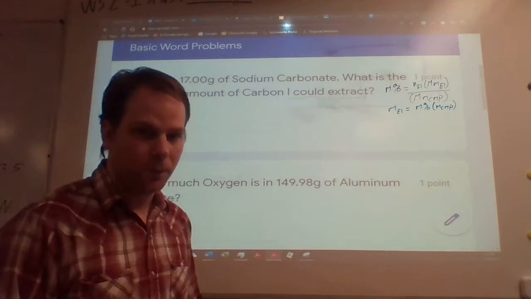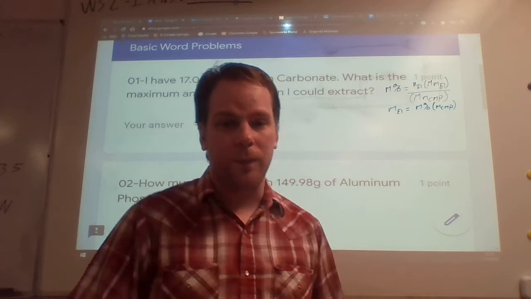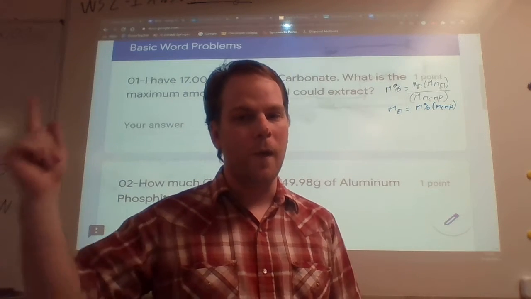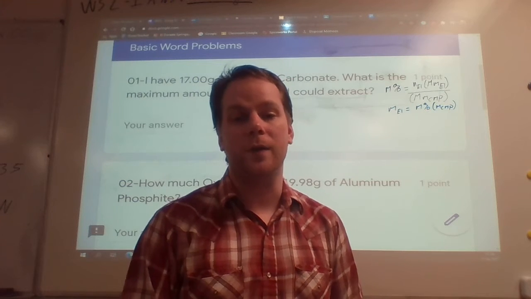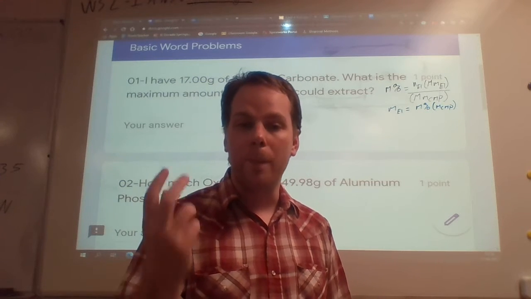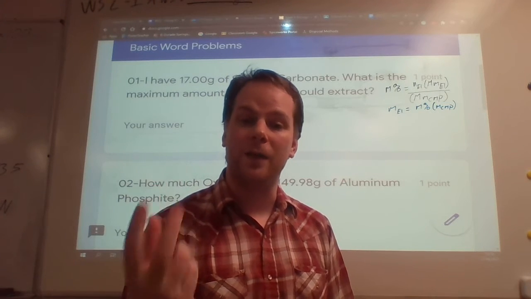Up to this point, we've calculated mass percent, but we haven't really used it for anything. Well, this is where we're actually going to use it. Mass percent will tell us how much of a compound is composed of that specific element.